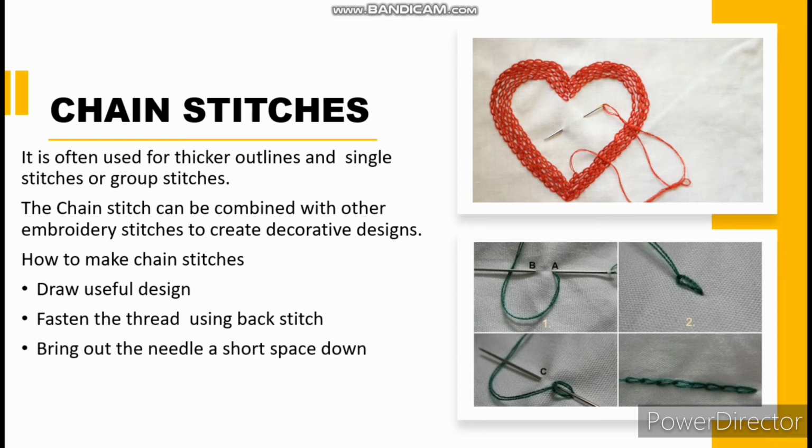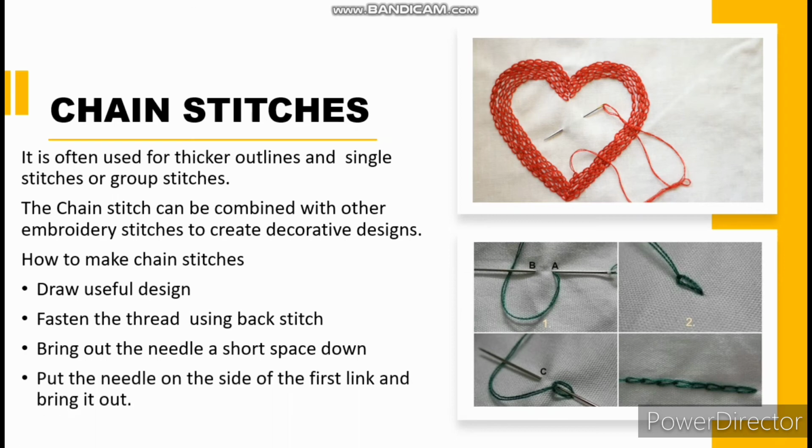Bring out the needle a short space down. 4. Put the needle on the side of the first leg and bring it out. Lastly, fasten thread to cut at the end so you can continue with the repeat pattern.